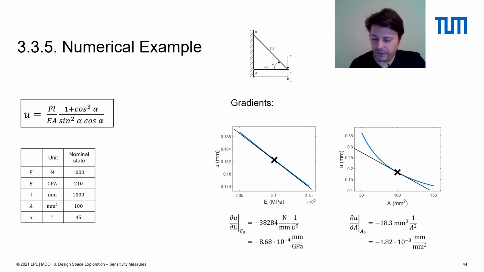We come up with two different gradient values, the numbers of which are different, but note that the physical dimensions, of course, are also different. That's why you cannot directly compare them. Also, the gradient is computed for one particular design and not for the entire design space.